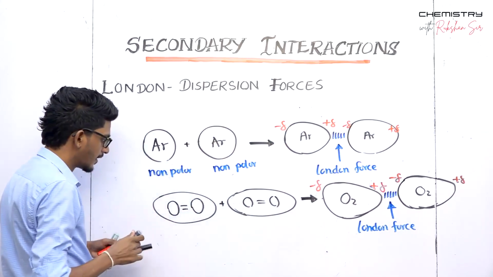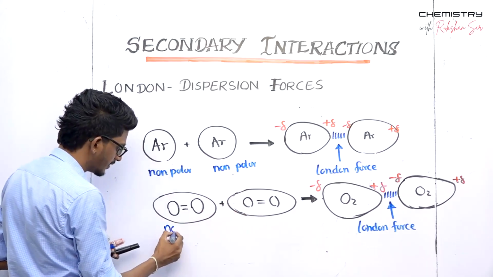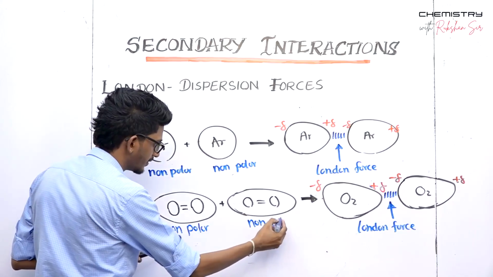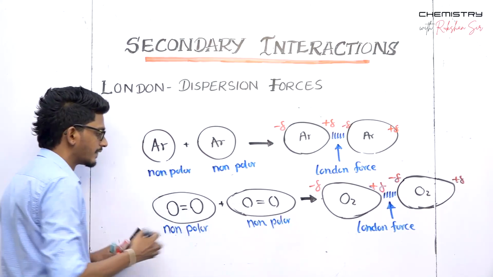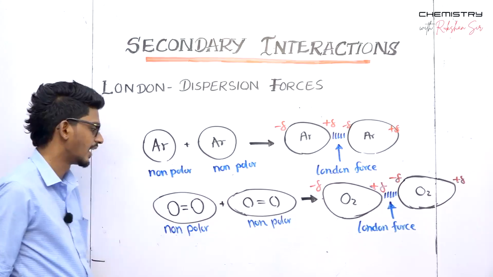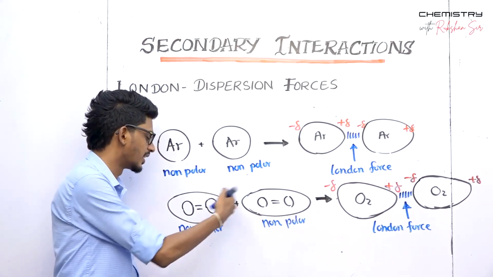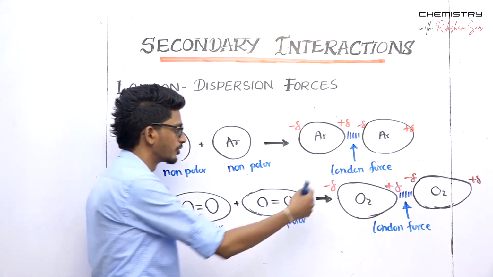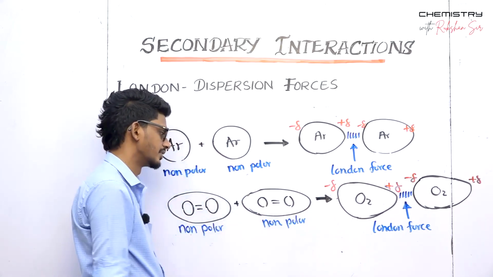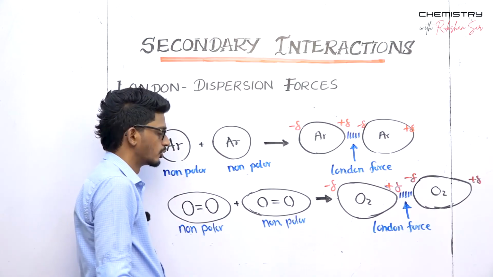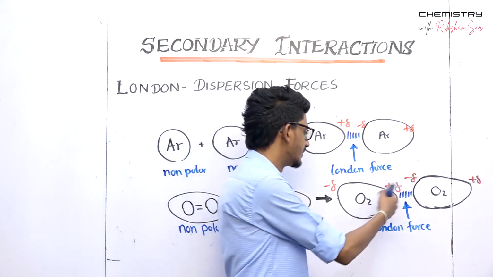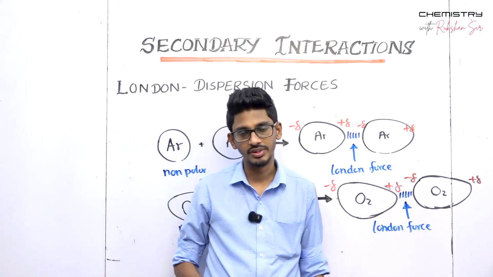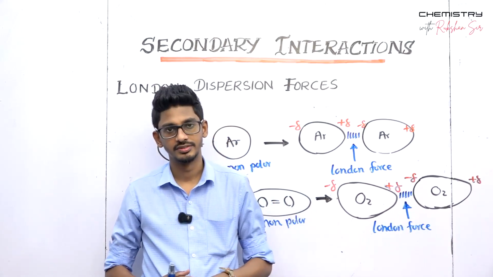Originally, those are non-polar species. In the presence of the outer electron densities, outer charges, these poles were induced. That is why these are referred to as induced dipoles. So the interactions between induced dipoles are referred to as London forces.